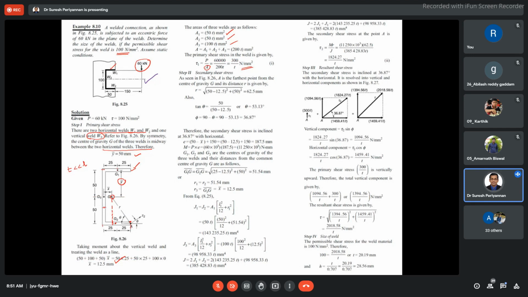Y bar is 50, and X bar is 12.5. Now we would like to find R from the center of gravity. What is this distance? 50 minus this distance. I'm asking about this distance now.